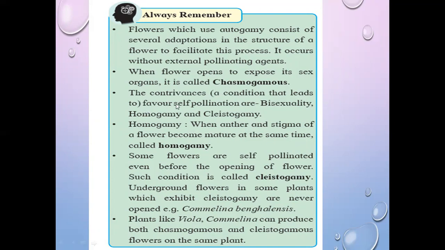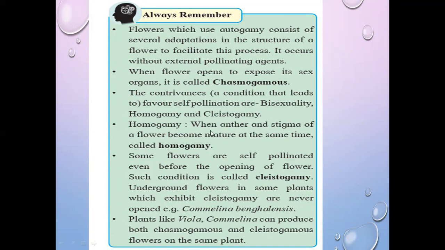Next, the contrivances, a condition that leads to favor self pollination are bisexuality, homogamy, and cleistogamy. सेल्फ पॉलिनेशनच्या उद्देशाने जे काही फ्लॉवर्स पॉलिनेशन होतं त्याच्यामध्ये बायसेक्शुअलिटी, either they are bisexual, means they are having androecium as well as gynoecium, or homogamy and cleistogamy.